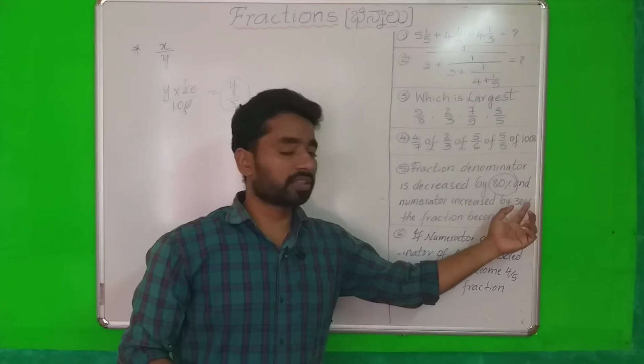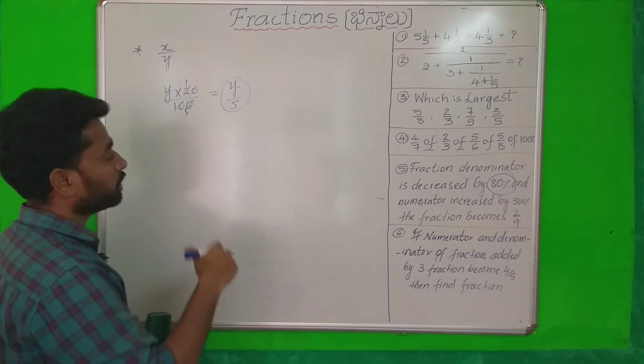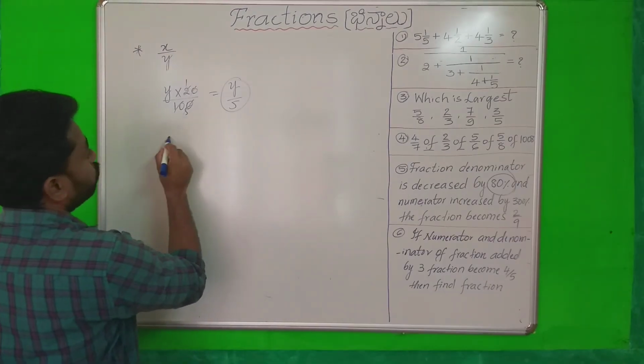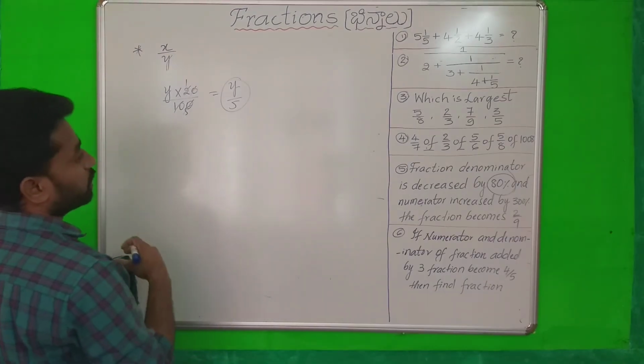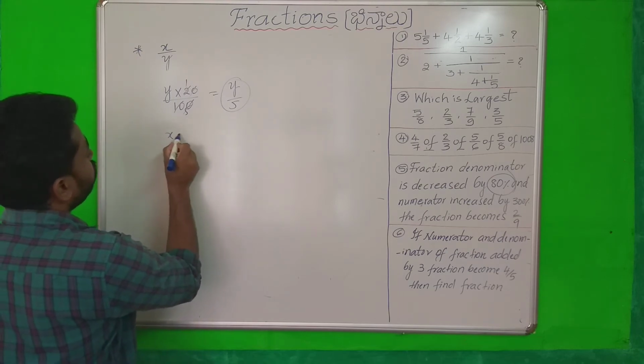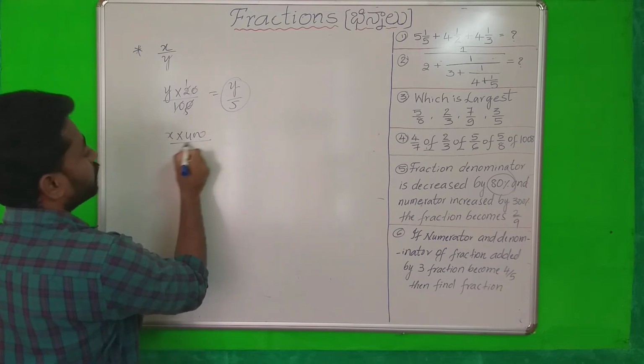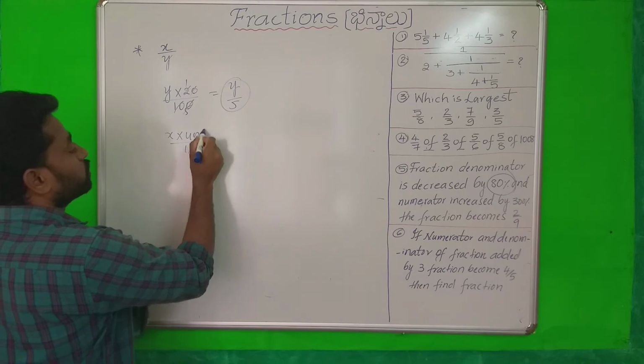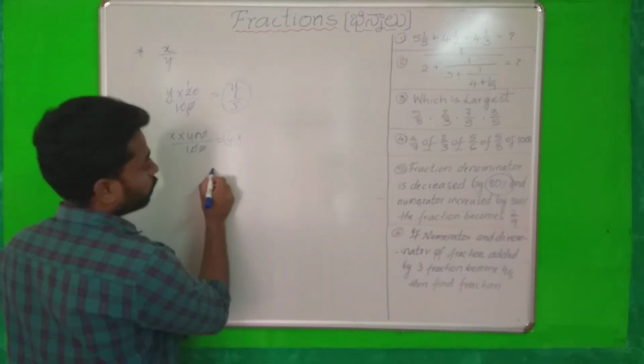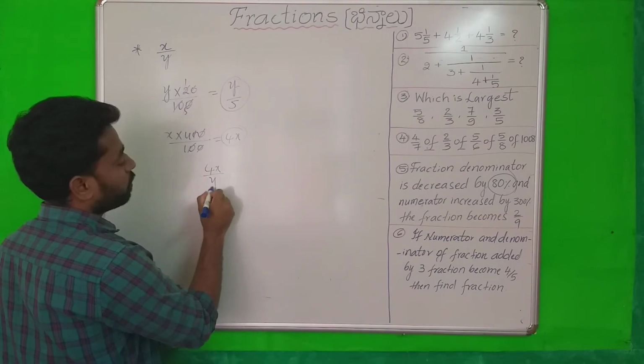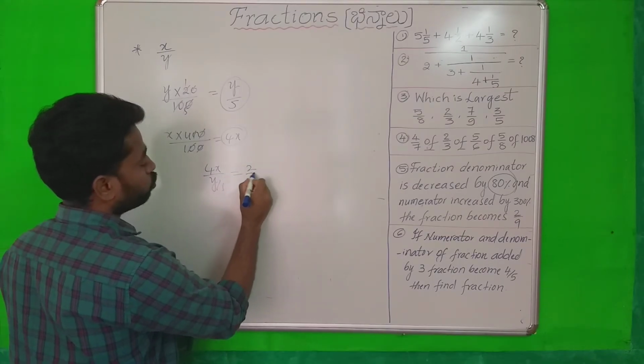Next, the numerator is increased by 300%. Increased by 300% means we have to take a total of 400%. So 400% of x means x into 400 by 100, the 2 zeros cancel, and this is nothing but 4x. Now 4x by y by 5 is equal to 2 by 9.